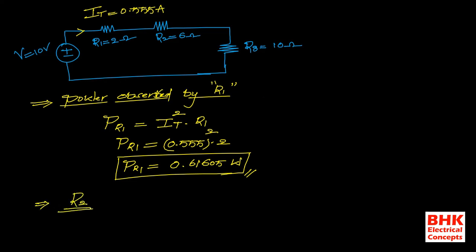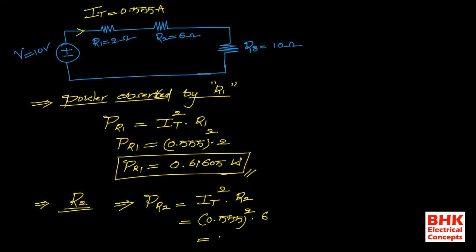Now coming to the power absorbed by resistor 2. Power absorbed by resistor 2 is equal to the current flowing through that particular resistance square into the value of resistance. This is given by 0.555 whole square into the value of R2, which is 6 ohms.